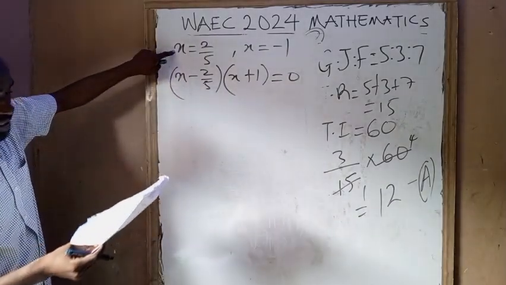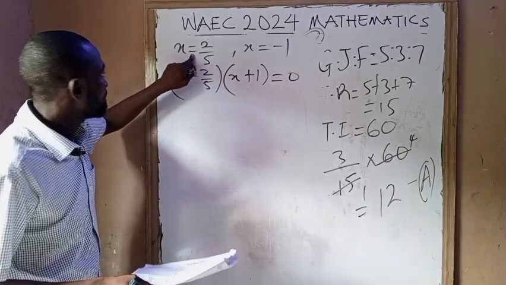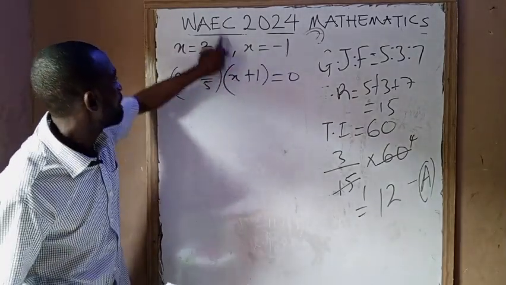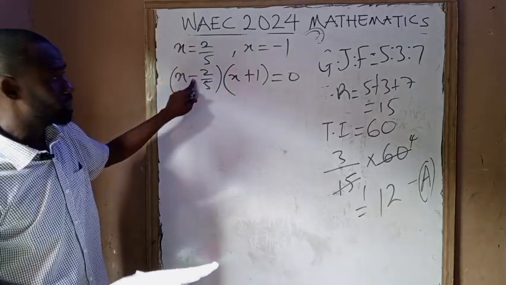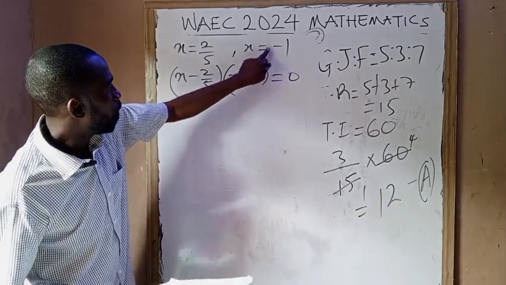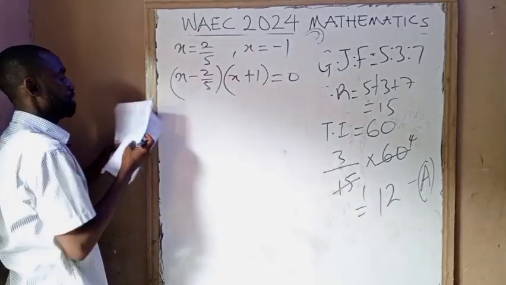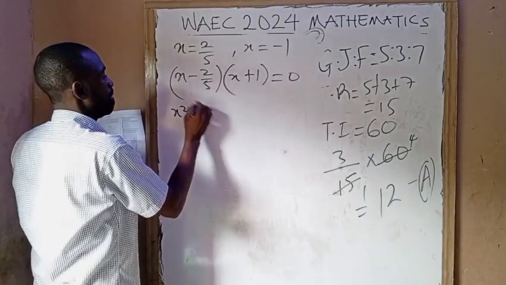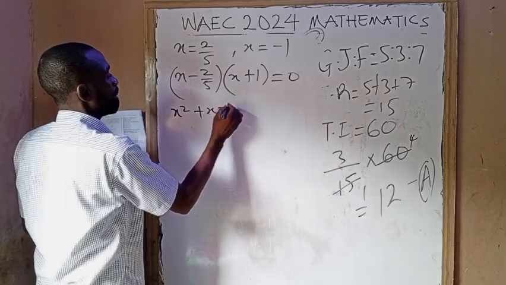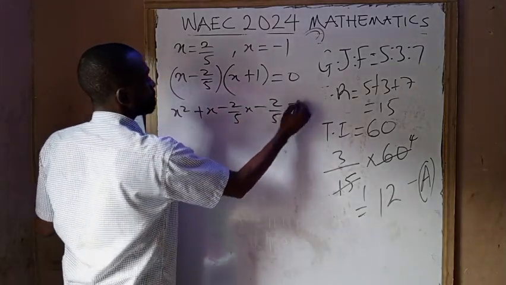I can solve it like this. I first equate the values of x at the roots. So one x is this, another x is this. This one was positive here, so when it crosses the equality sign, it becomes minus. Then I open the bracket. x times x is x squared, this times this plus x, this times this minus 2 over 5 x, then minus 2 over 5, equals 0.